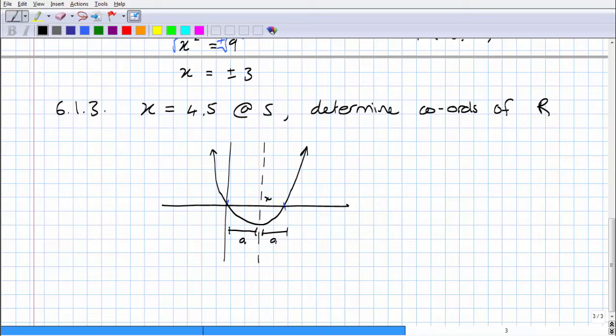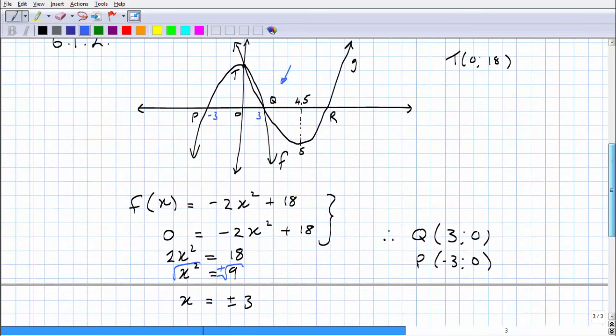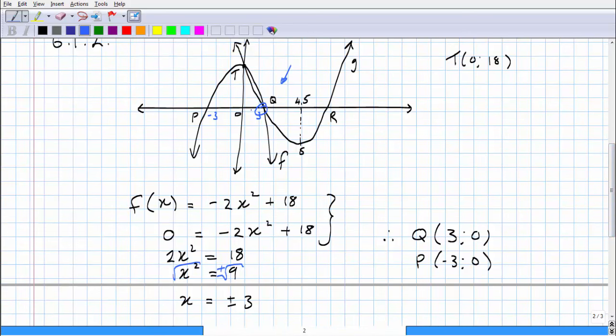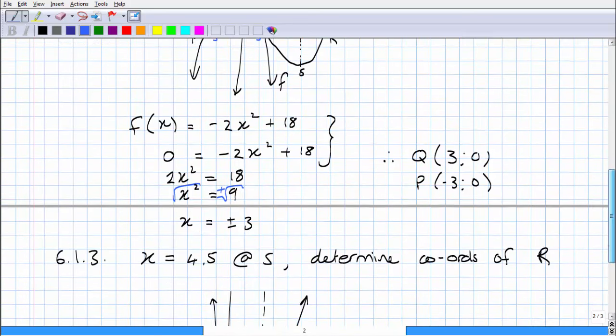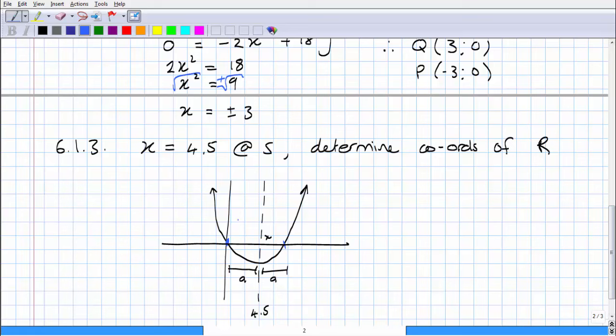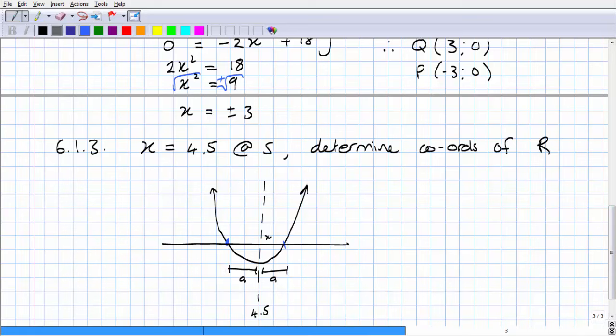So what we can do then is say, well, if x is at 4.5, do we know what the first turning point is? That's a turning point, x-axis cut is. Do we know that point? Well, if we look at the graph, that's Q, and Q is sitting at 3. Let me just draw that out.